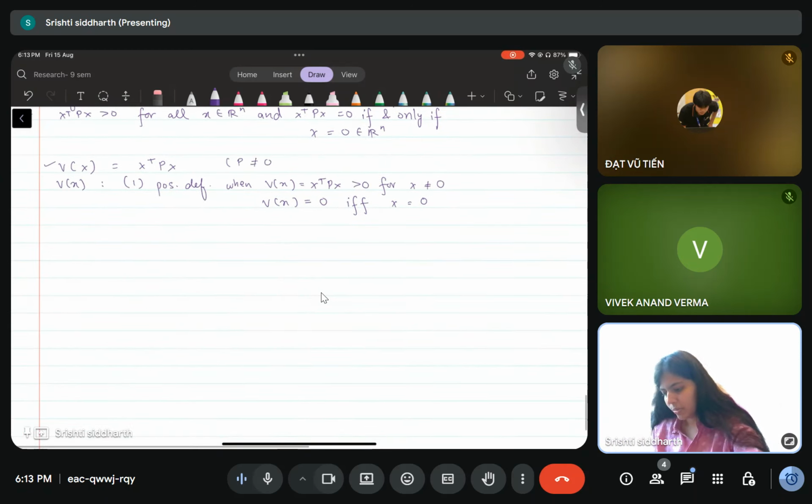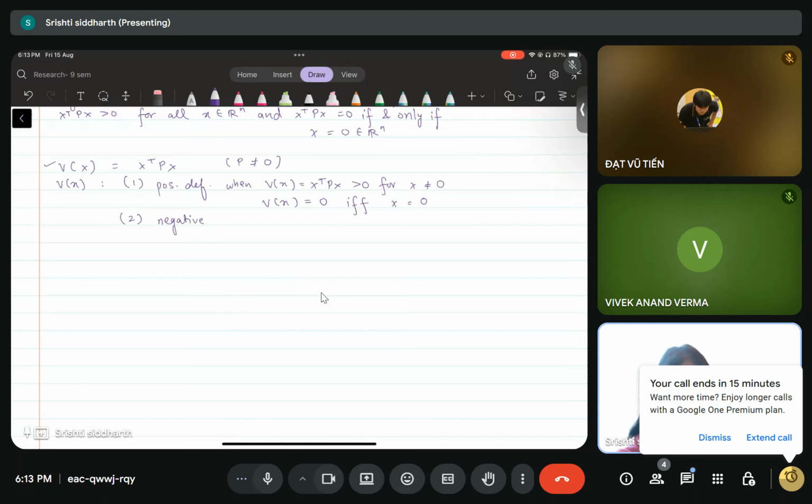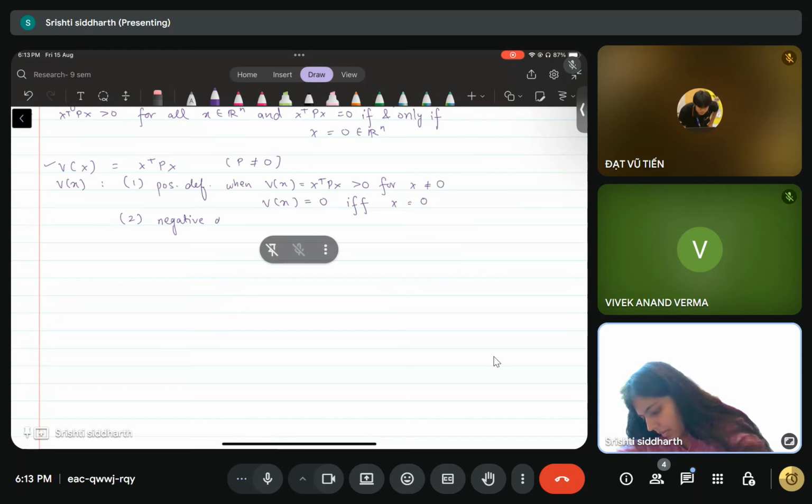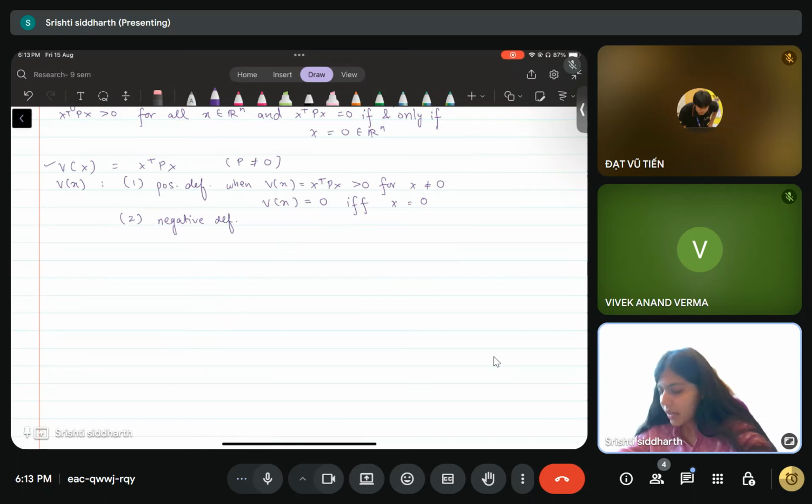P is not a 0 matrix. Then the function V is negative definite if X transpose Px is less than 0.